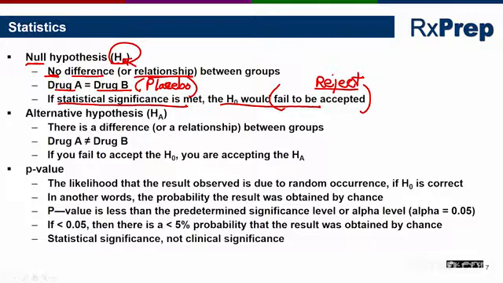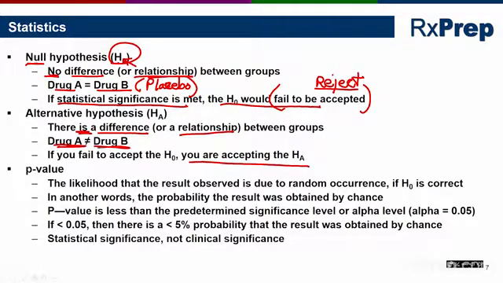If we don't accept the null, then of course we're accepting the alternative. If we say no to the null, obviously we're saying yes to the alternative hypothesis. The alternative hypothesis of every trial that's designed is always that there is a difference. There is a relationship between the two groups or between the drug and the outcome of the trial. So they are not equal.